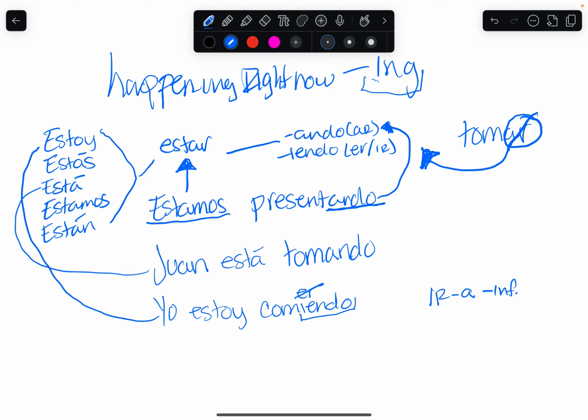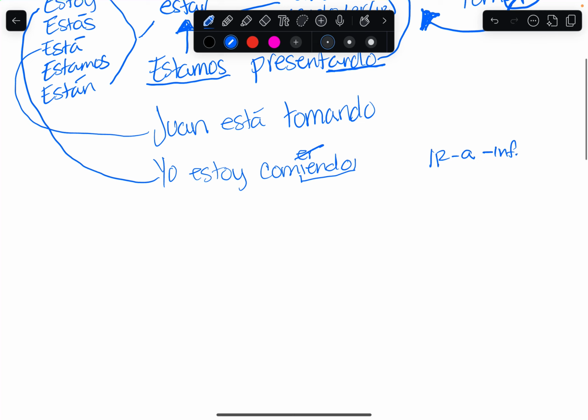So the thing that we have to learn is that some of these verbs change, and that's something that you should have learned back in Spanish 1. So you have irregular verbs. So for example, you have preferir. When you want to make it into the present progressive, you would change it to prefiriendo.